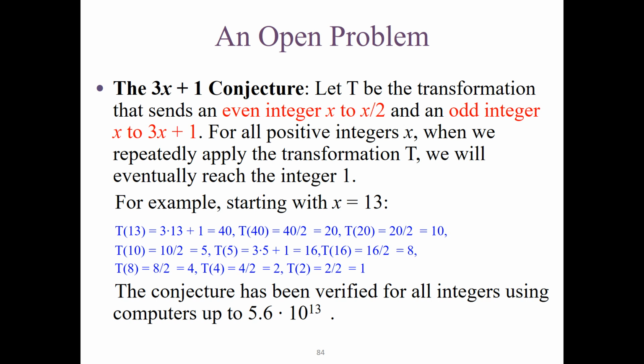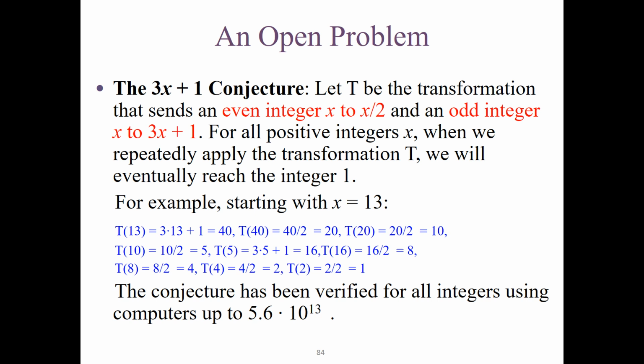Then 20 is even, so we apply x divided by 2 again. 20 divided by 2 is 10. 10 becomes 5. Then 5 is odd, so we apply 3x plus 1. 3 times 5 plus 1 gives us 16. Then 8, 4, 2, 1. Okay? So this conjecture tells us that for all positive integers x, when we apply this transformation function T, eventually we will reach the answer 1.